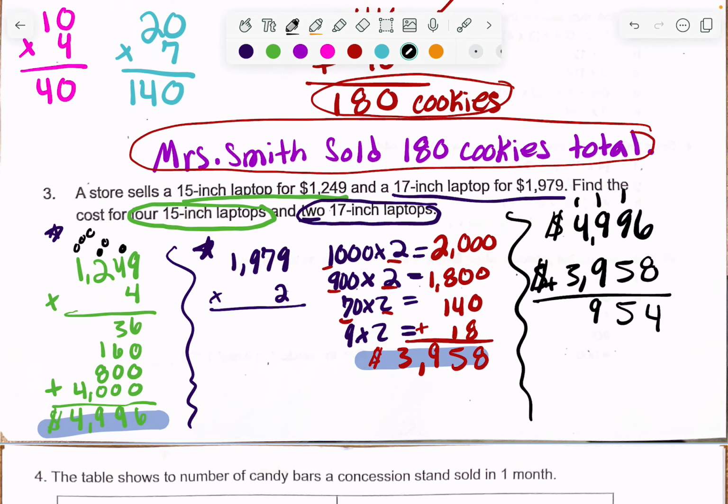Carry my 1. 4 plus 1 is 5. 5 plus 3 is 8. So for the total amount, my answer is going to cost $8,954 for the 4 15-inch laptops and the 2 17-inch laptops. The laptops altogether cost $8,954.